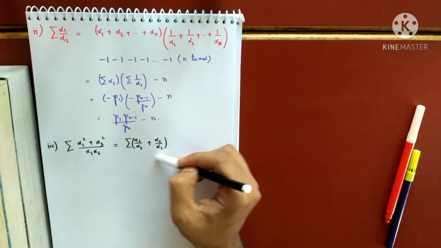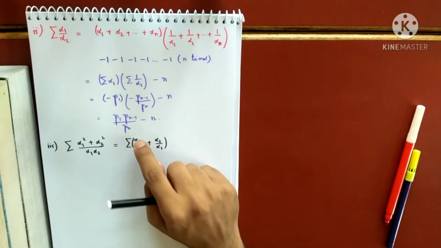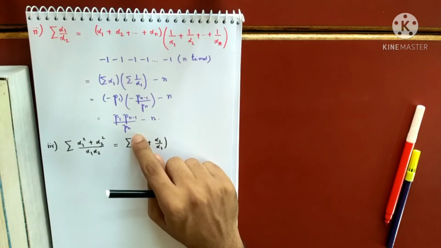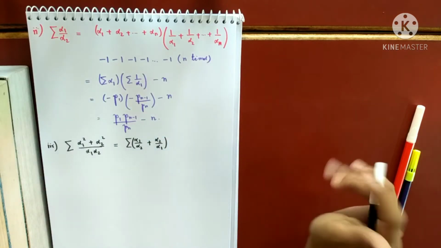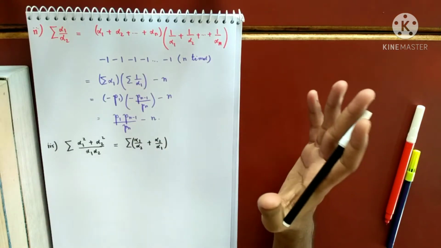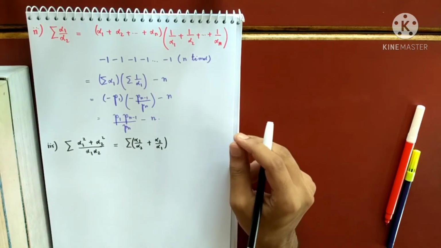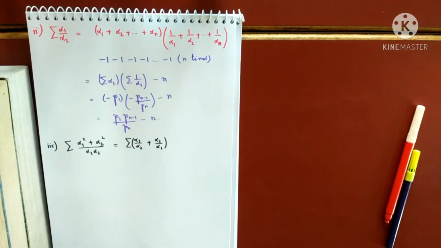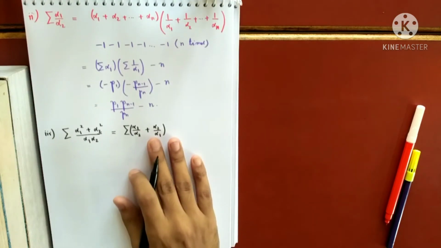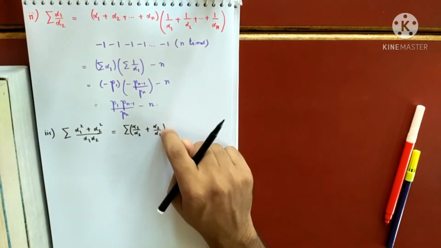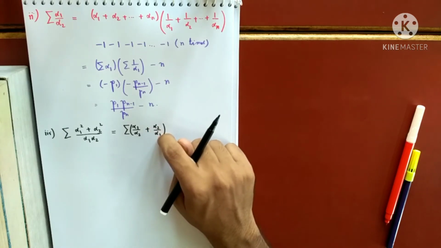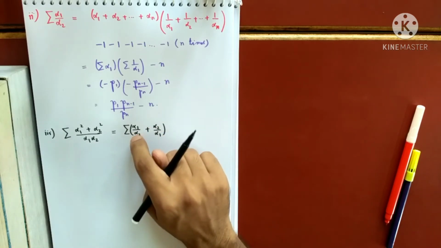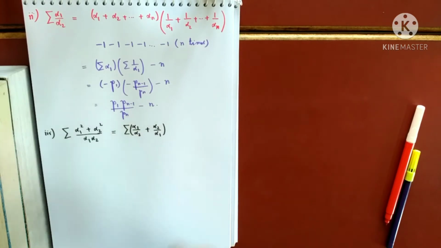Whatever terms will come here, those terms will also come here. We'll not write that twice. We are doing the symmetric function of roots. If I write it twice, that may not be the symmetric function then. So this is same as the previous one, because all the terms which occur here are already present in the first term.